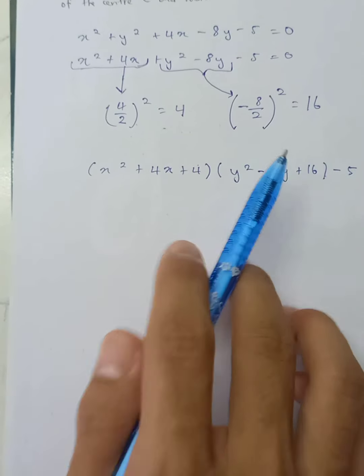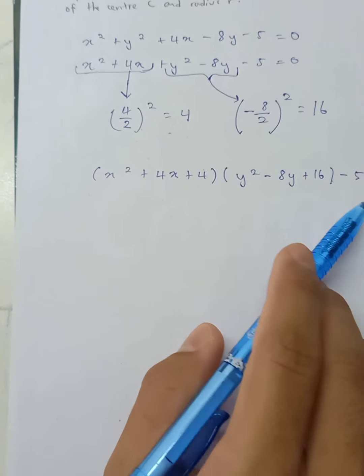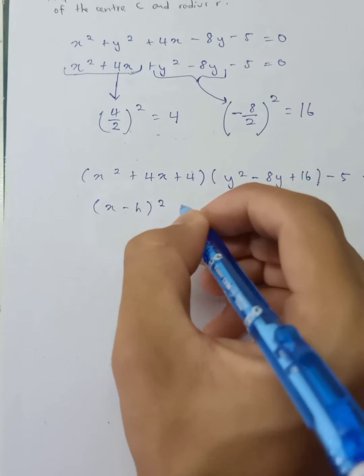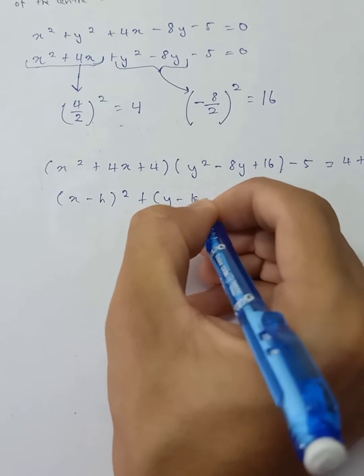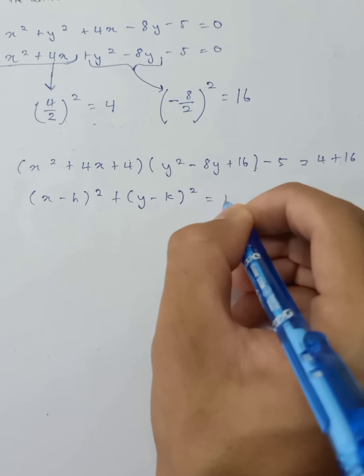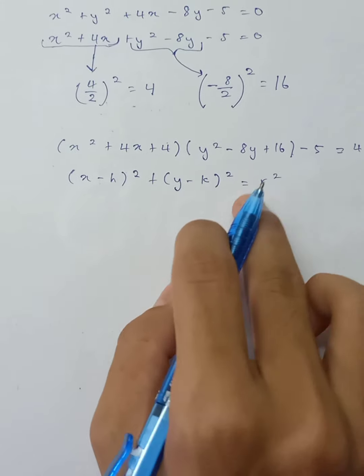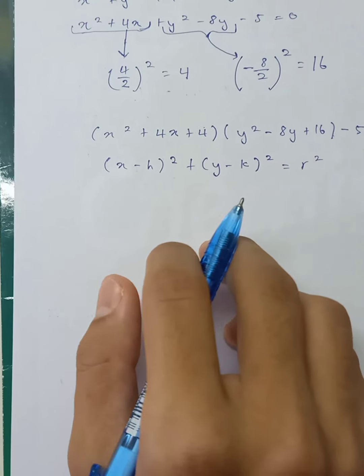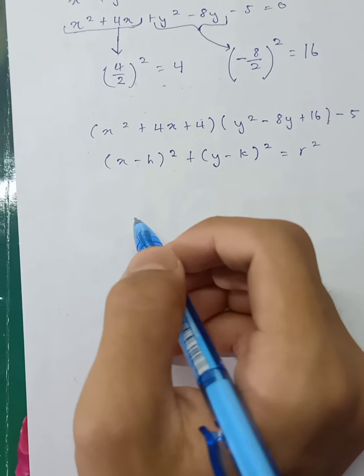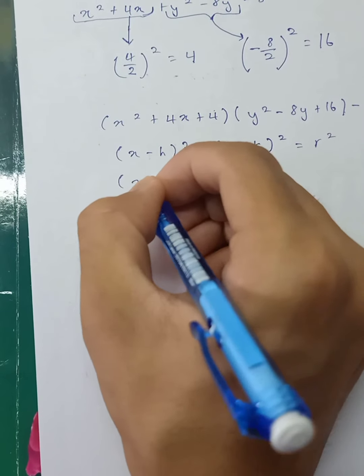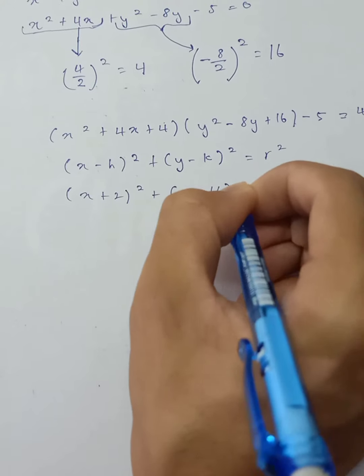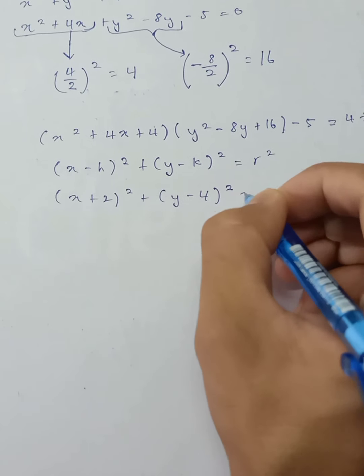Alright, so until we get here, we need to change it into the form of x minus h squared plus y minus k squared equal to r squared. So we need to change into standard form. Okay, this is standard form. Using factorization, we will get x plus 2 squared plus y minus 4 squared equal to 25.